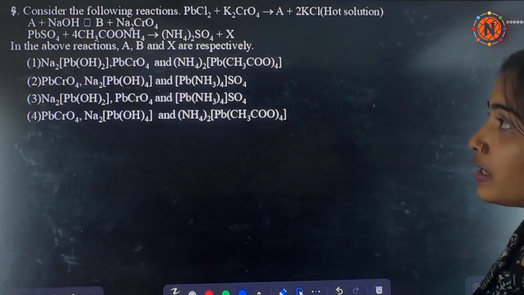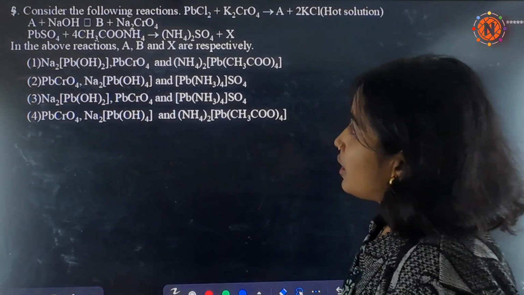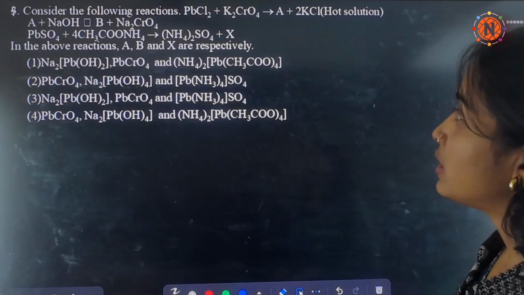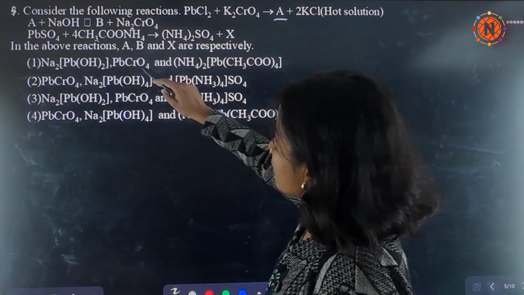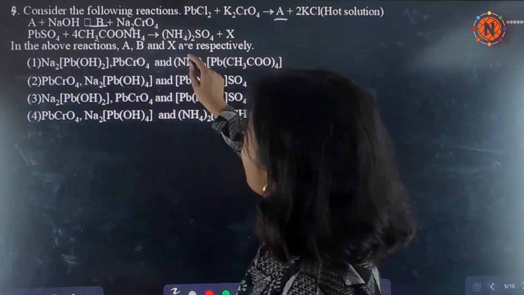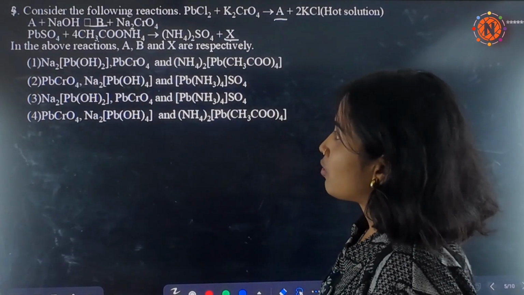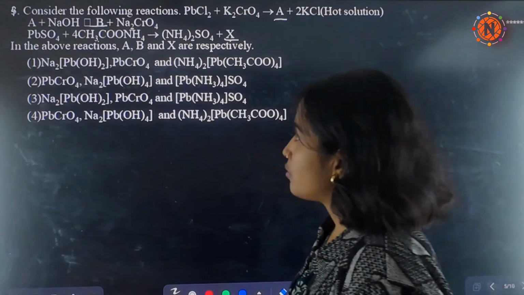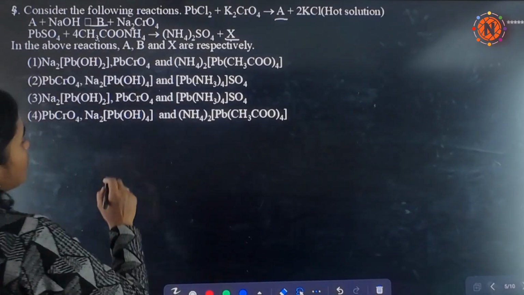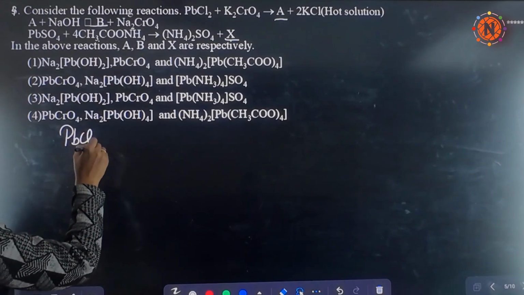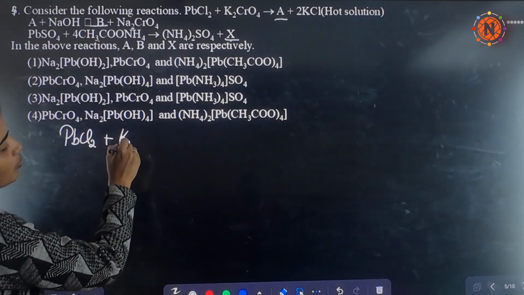Moving to the next slide. Here a reaction is given, and we have to find out A, B and C. Let's find the answer. What happens when lead chloride reacts with potassium chromate?